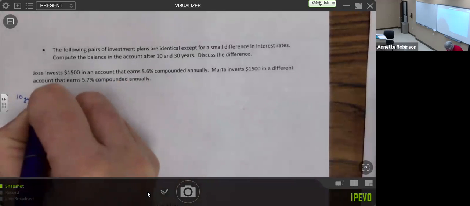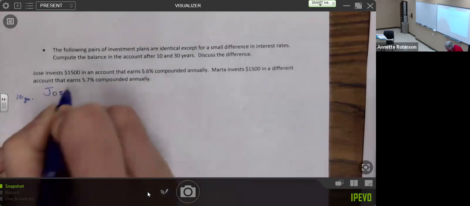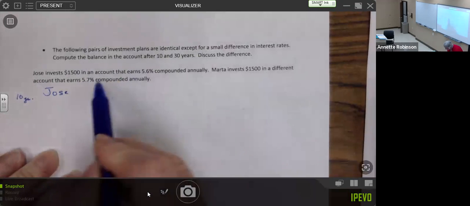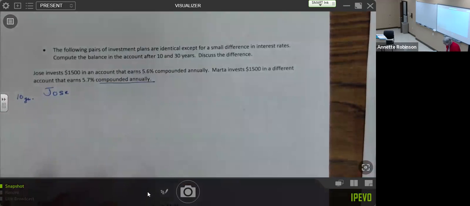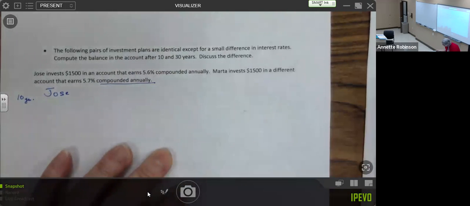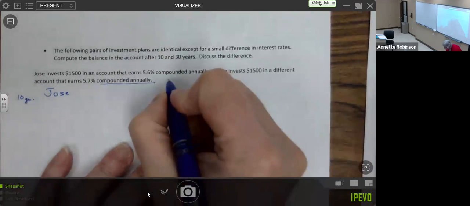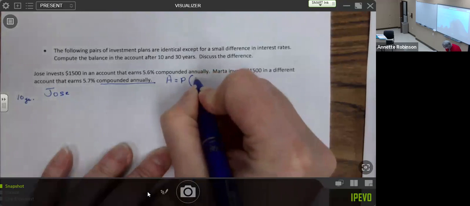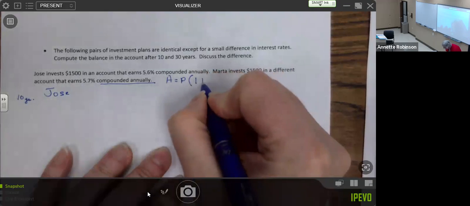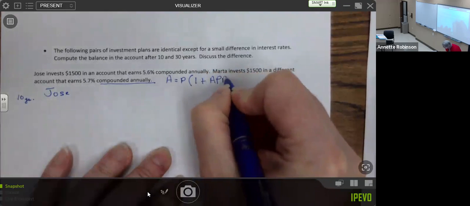We've got Jose. And since it's compounded annually, looking at my sheet tells me that since it's only paid once a year, we want to use this formula. 1 plus APR to the Y.